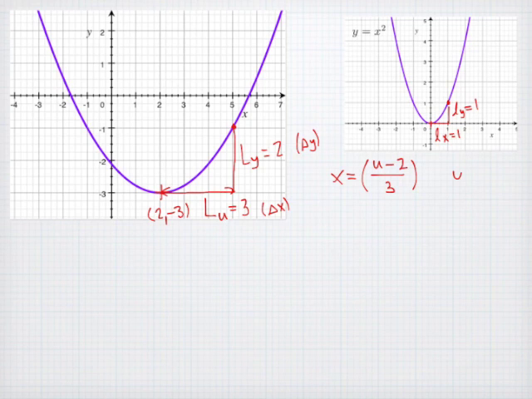And my y coordinate is similarly my y variable minus the coordinate of the center point divided by the length scale.